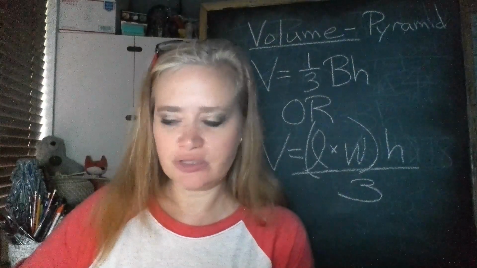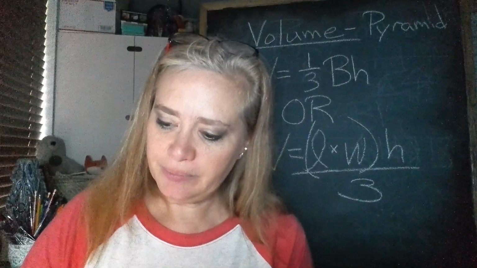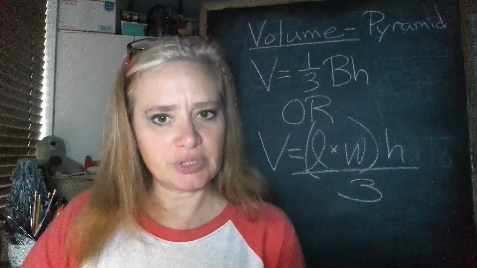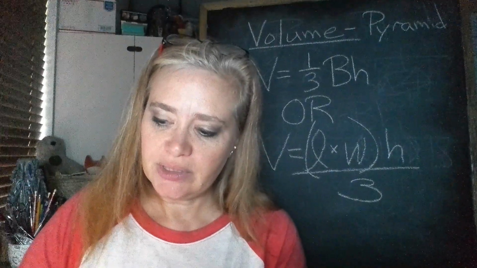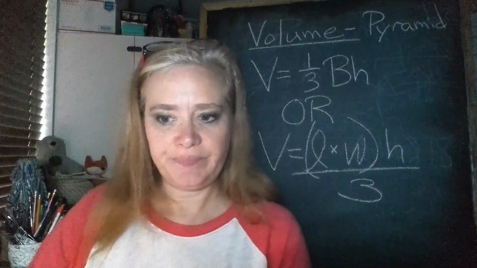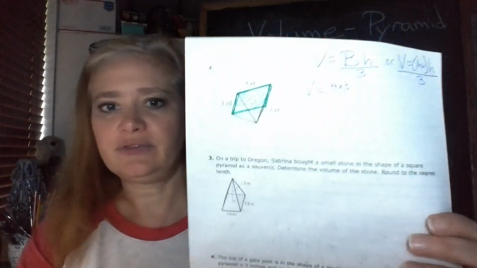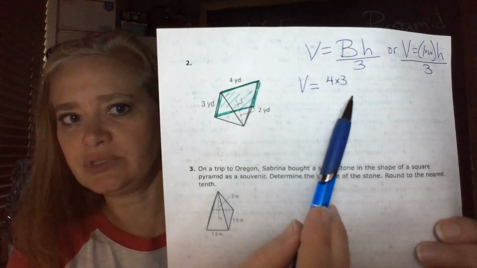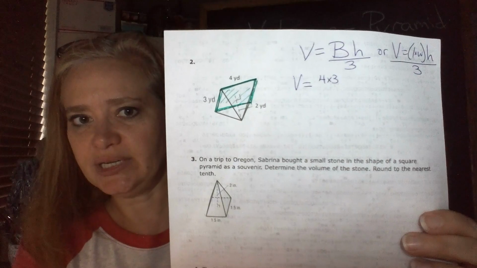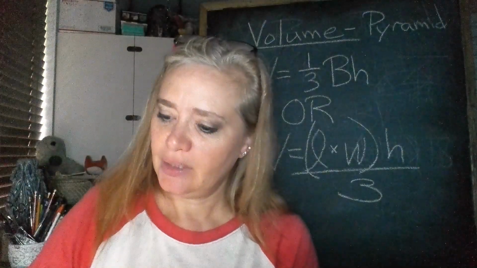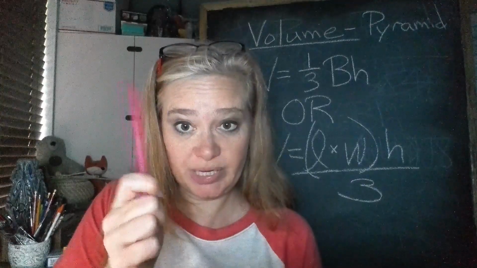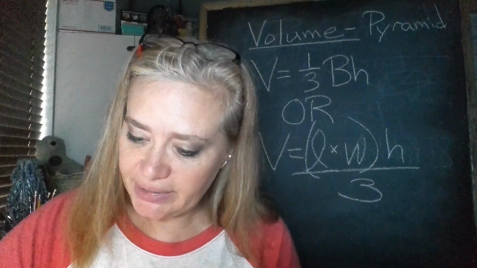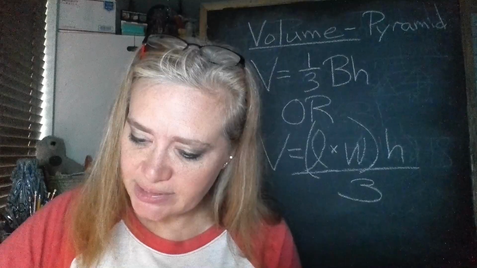So I'm going to plug in first volume equals, and looking at your square, you see that your base is 4 times 3. So start your formula off. Volume equals 4 times 3. And I'm going to use pink this time to look and see our height, even though it fell over on its side.